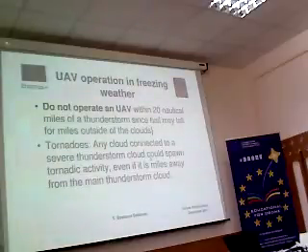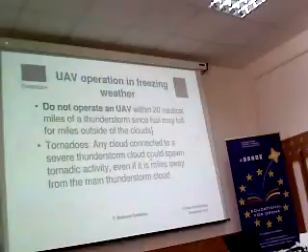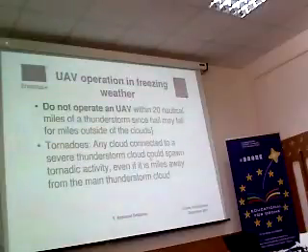Any clouds connected to a thunderstorm cloud could spawn tornadic activity even if they are miles away from the main thunderstorm cloud. So the aircraft should not fly near a thunderstorm.